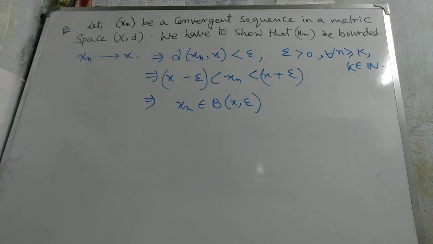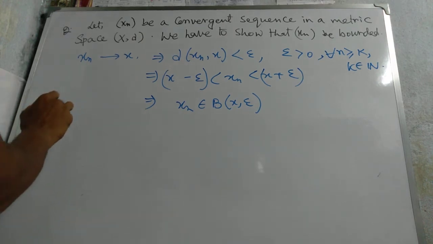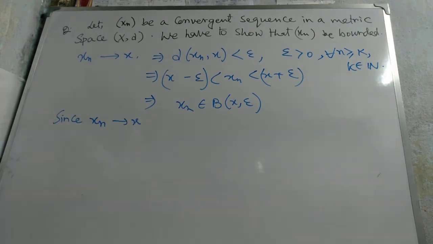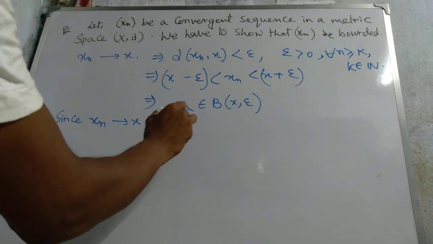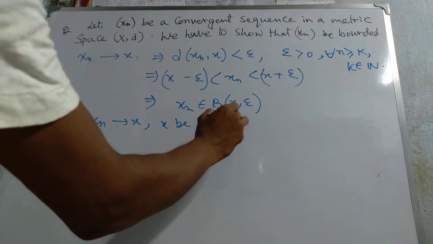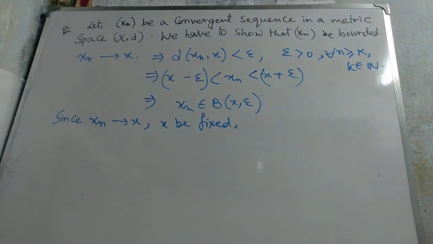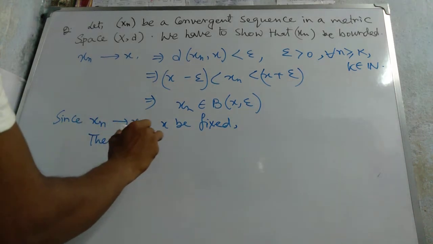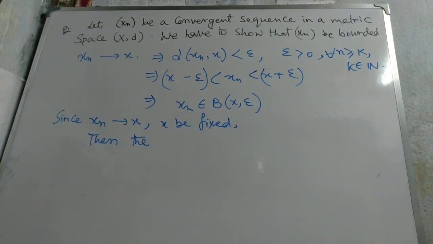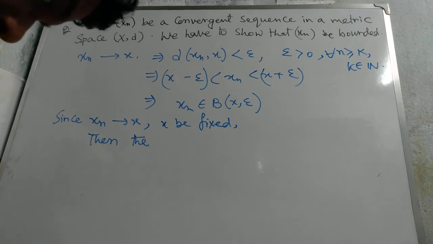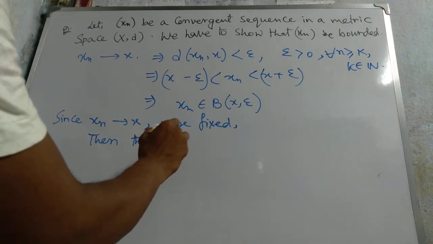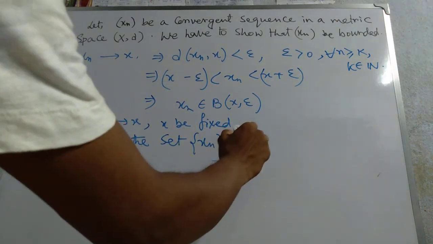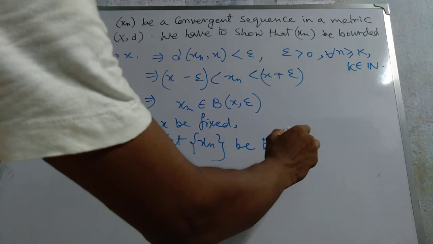Now since x_n converges to x and x is fixed, then the set of x_n is bounded.